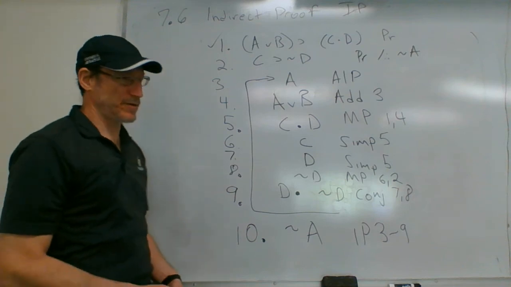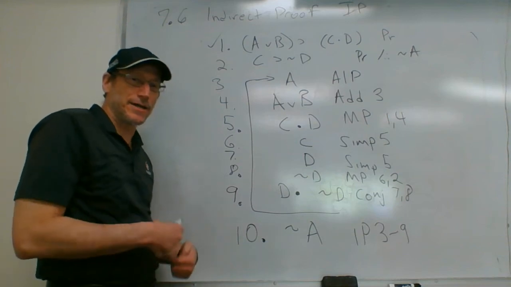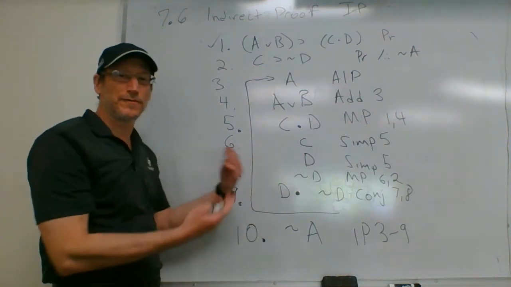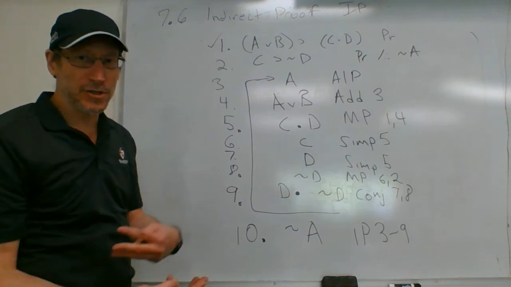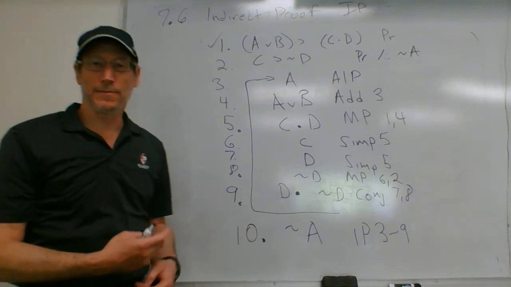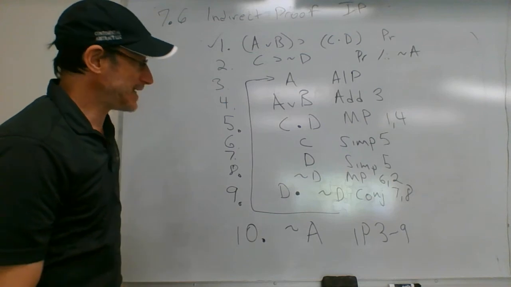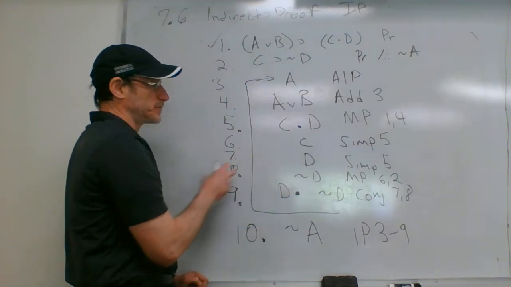Okay, now like we saw with conditional proof, you can have a conditional proof inside a conditional proof. You can have an indirect proof inside a conditional proof. Okay, you can have a conditional proof inside an indirect proof. You can have multiple, sometimes they're called nested examples or nested conditional proofs where you have one proof inside another proof inside another proof.